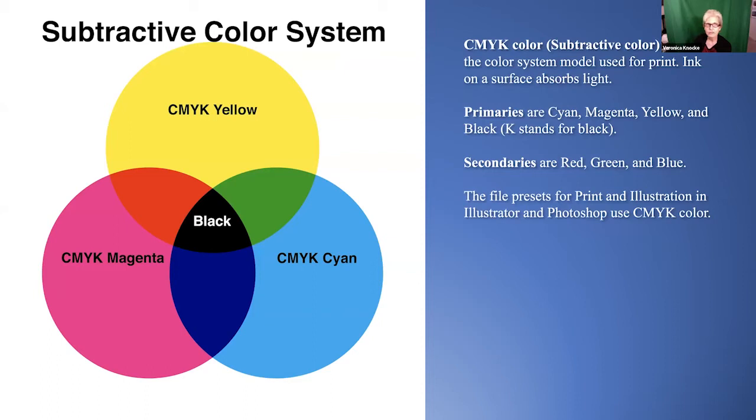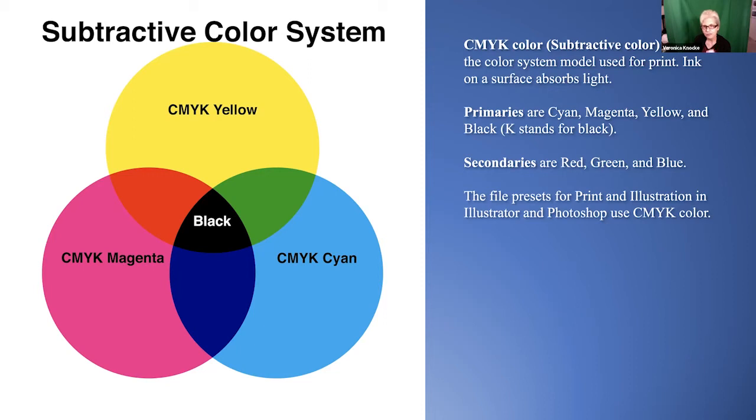CMYK color is subtractive color. It's the print color system. This is the color system model used for print. Ink on the surface absorbs the light. The primaries are cyan, magenta, yellow, and black. Black is the K in CMYK. The secondaries are red, green, and blue, but they're not as bright as the red, green, and blue are in the additive color system.